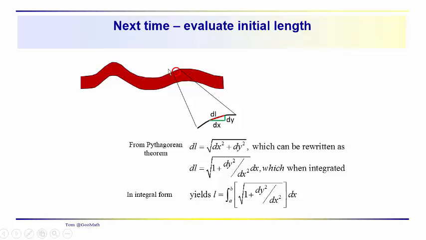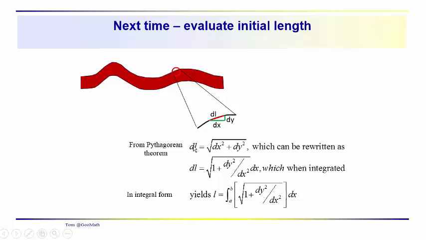So that brings us to another integration approach, where we have any curve that we can express analytically. We have a dL, which would be a tiny segment of length along the curve, which can be broken down into its Cartesian components, dx and dy.